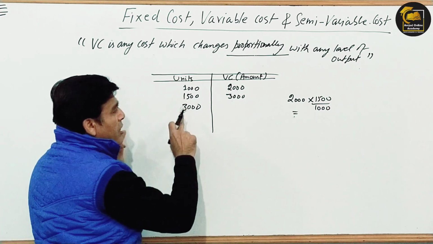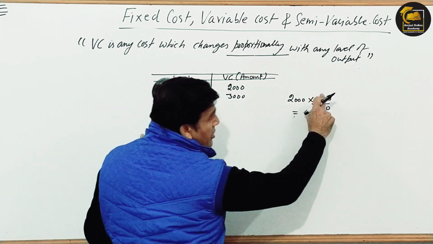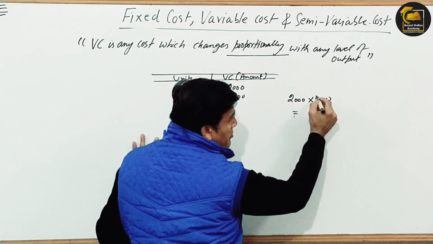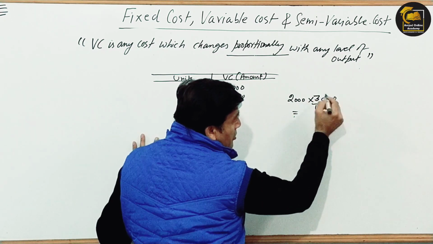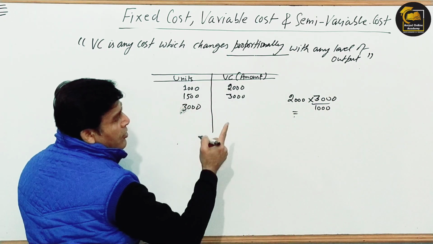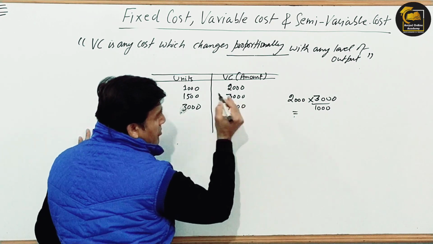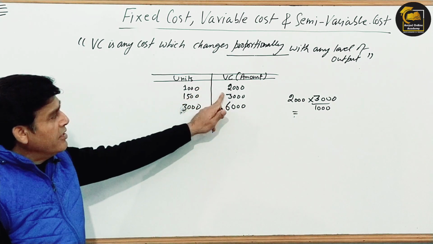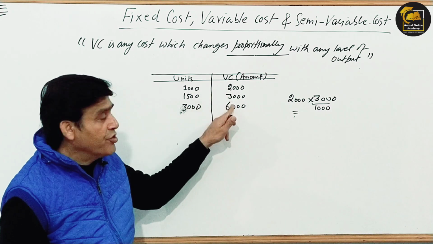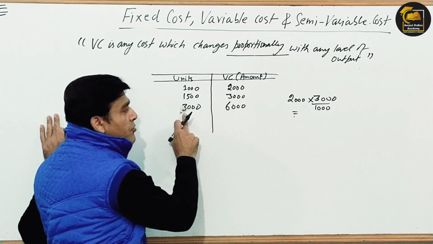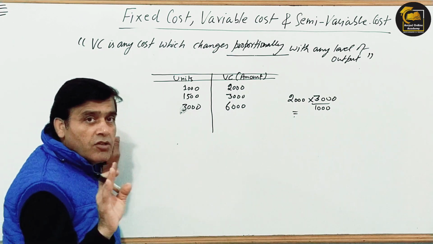Now suppose you have 3000 units, then it will be 6000. If you observe the pattern, the ratio is the same as in the case of the units. So this is the meaning of variable cost.